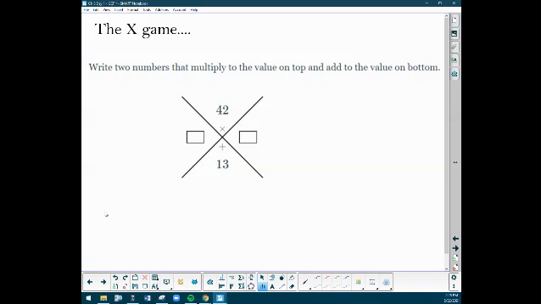We want two numbers that multiply to give me 42 but add to give me 13. So I'm going to start off by finding multiples of 42, sorry. 1 times 42 is 42. 2 times 21 is 42. 3 times 14 is 42.